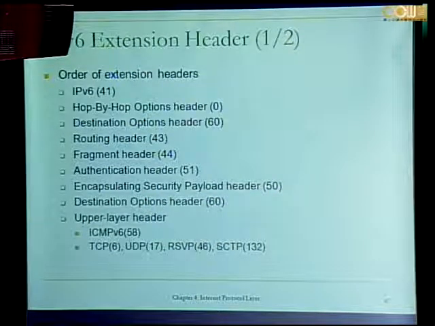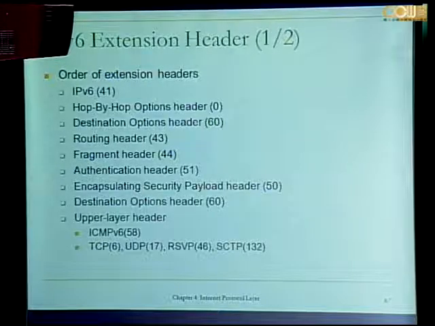That means you can't say I use a routing header first, and then the next header will be a hop by hop option header. No, you can't do that. You need to put the hop by hop option header first, and then routing header.